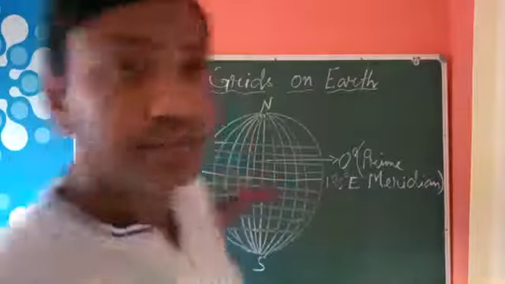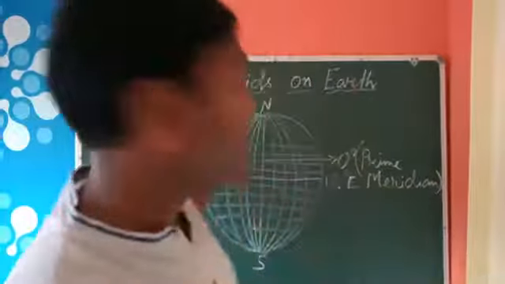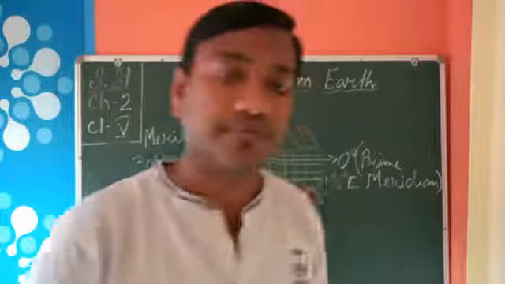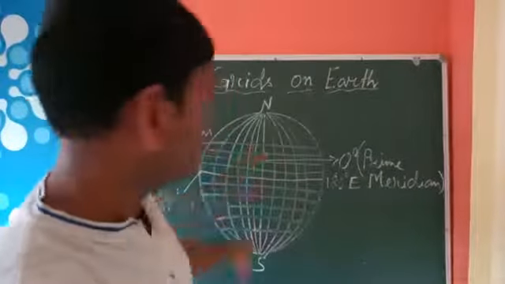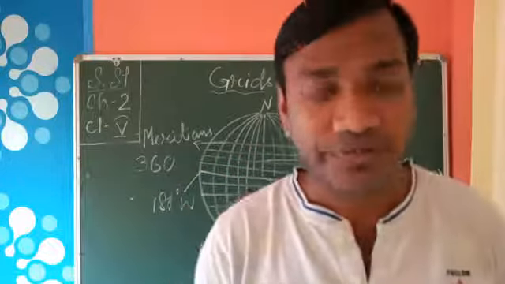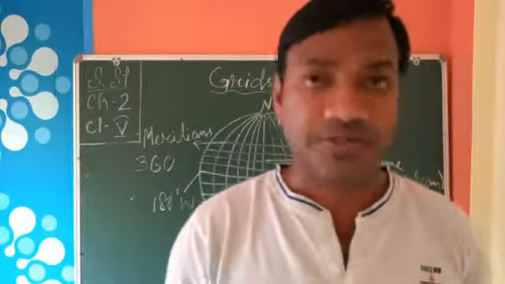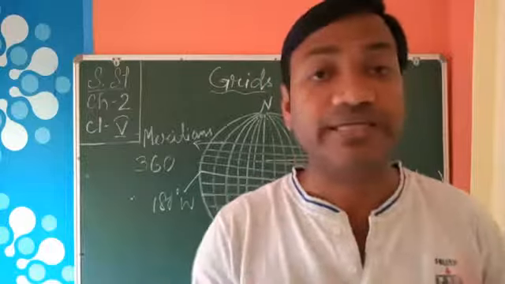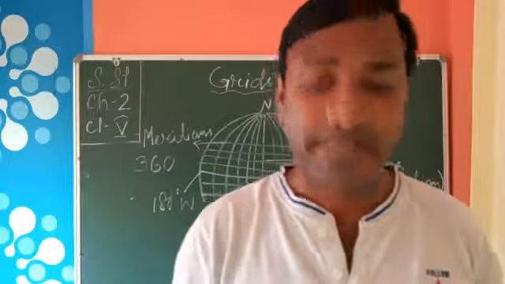So these are the lines we find, and these lines are called grids. So these lines are only grids, meridians or longitudes and parallels or latitudes. So these lines are together called grids.